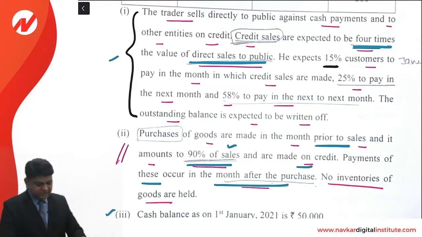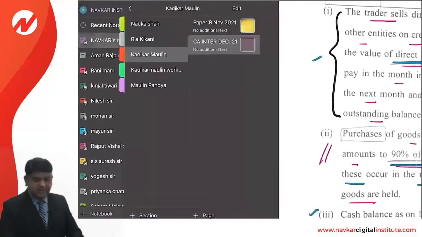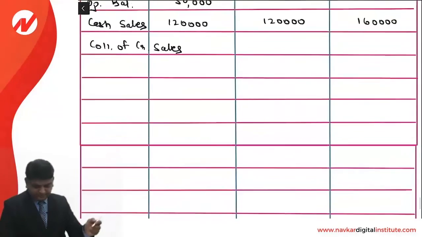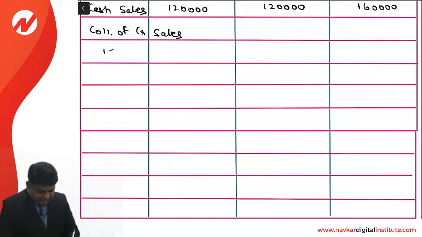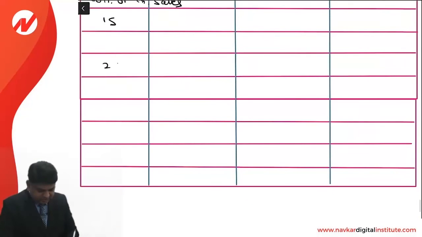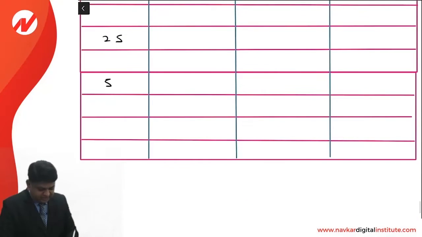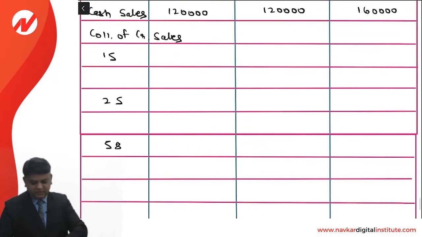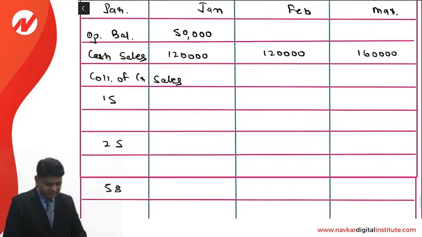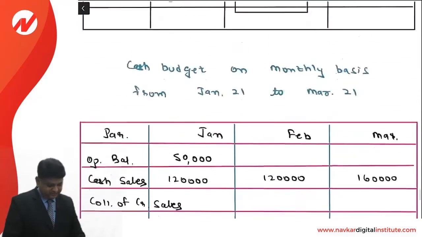In short, friends, we are going to have the collection in 3 installments, that is 15%, 25% and 58%. We understand that 15 plus 25 plus 58, total is 98. It means 2% is the bad debts. The amount that we do not receive, we don't have to discuss that. Why? Because we are preparing the cash budget.